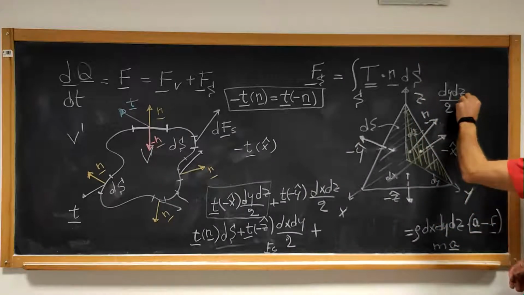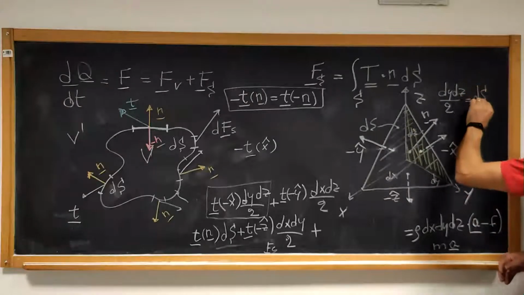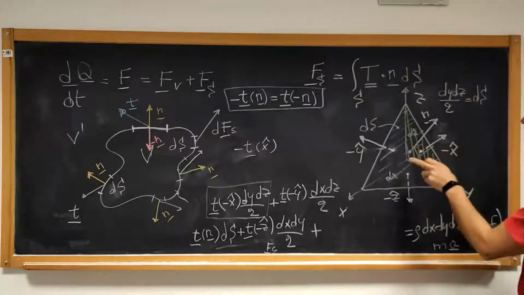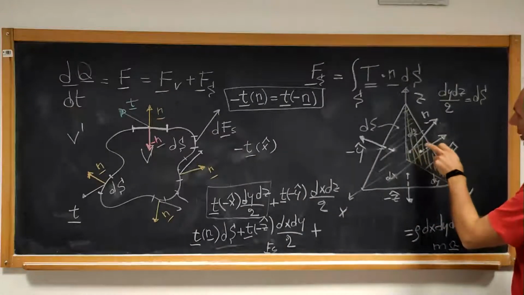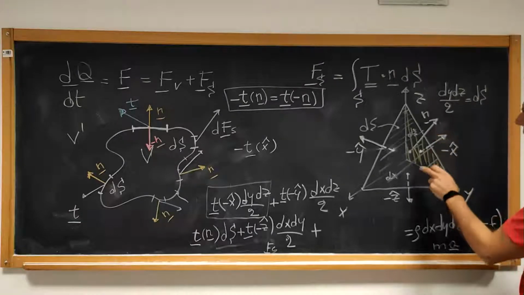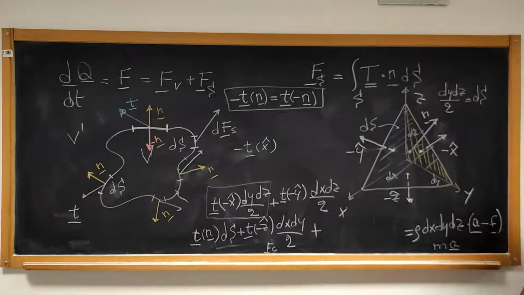So the inclined surface is ds, and in order to project it, I have to see what component of the outward normal points in the x versor.